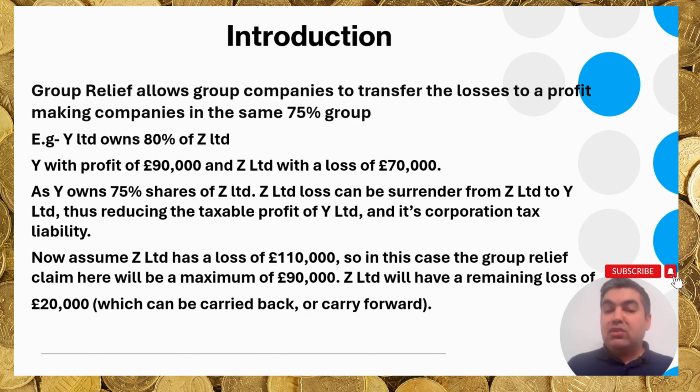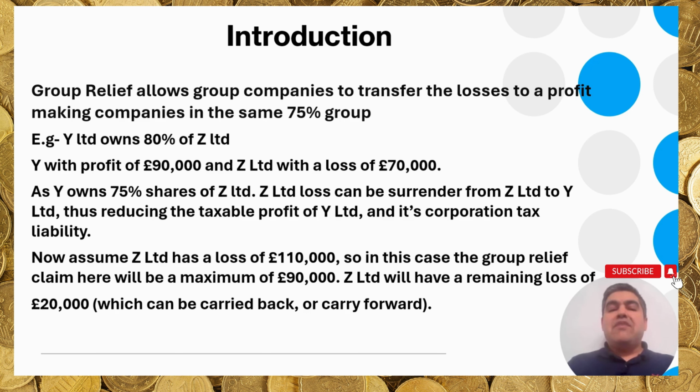Group relief allows group companies to transfer losses to profit-making companies in the same 75% group. The condition is that one company must be owned by another company at least 75%. For example, Y Limited owns 80% of Z Limited. Assume Y has a profit of 90,000 and Z Limited has a loss of 70,000.